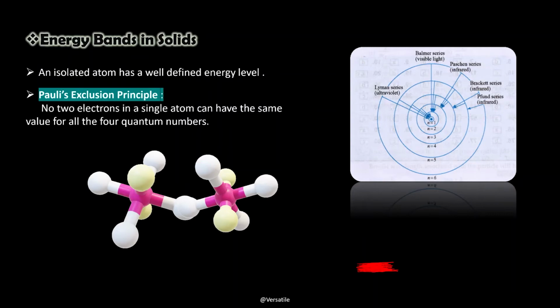Now let's have a closer look at how bands are formed. For that, consider a silicon atom whose atomic number is 14, and if we write its electronic configuration, we can write it as 1s2, 2s2, 2p6, 3s2 and 3p2.